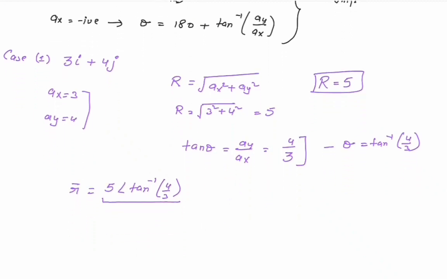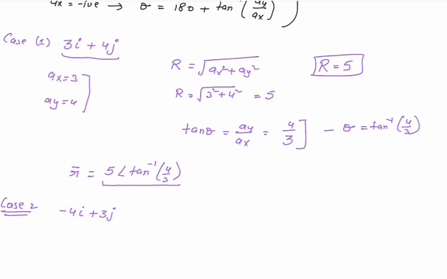Now, let's discuss case number 2. Let's take another example. Now it is given as minus 4i cap plus 3j cap. As I told, when ax is negative, you need to take care of these things.